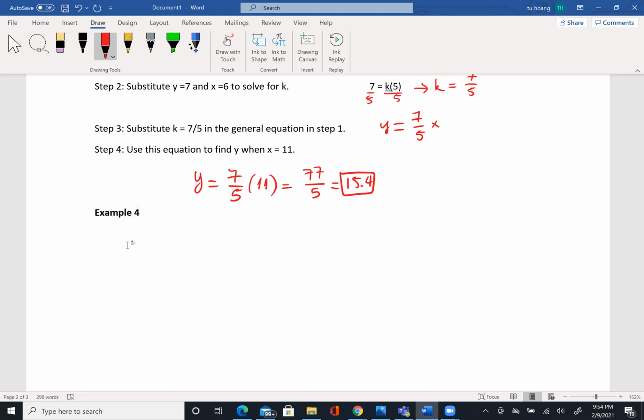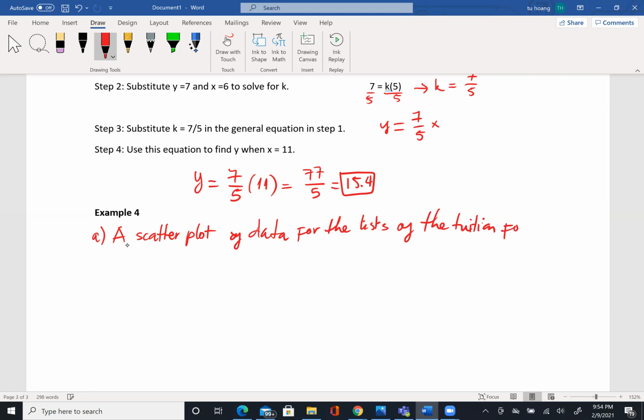In this example, I would have a scatter plot of data for the list of the tuition for taking various numbers of credits, shown below.